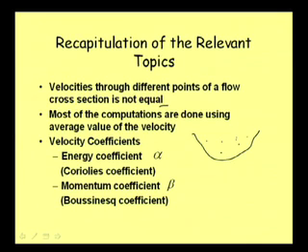Then, most of our computation, say suppose we want to calculate the energy of flow, or the mass flowing through a particular section, or the momentum of that flow, and different sorts of calculation we do. In all those calculations, velocity is an important parameter.